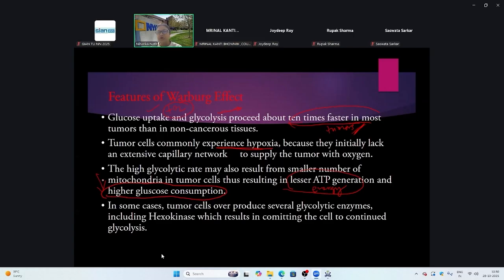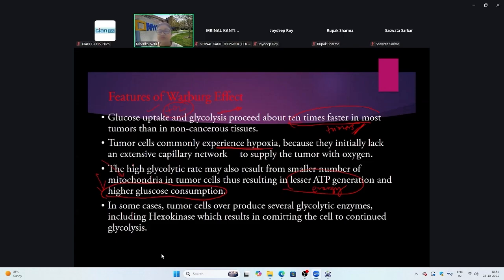So it's like your car that you never got serviced, your car that you never fixed, and it's giving out a lot of side lactic acid, it's giving a lot of smoke, it is giving you less mileage, and it's taking up a lot of petrol. So that's how it is. Another mechanism to explain is probably that the number of mitochondria in the cells, the powerhouse, is also less.